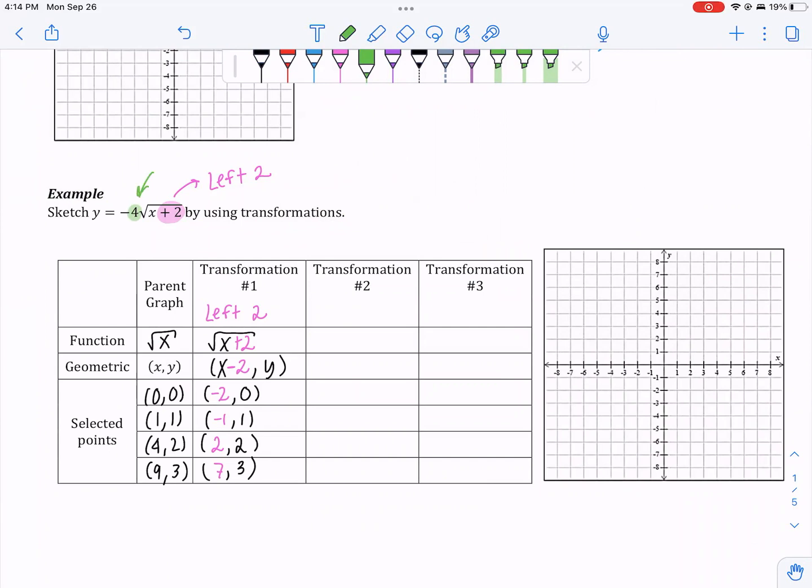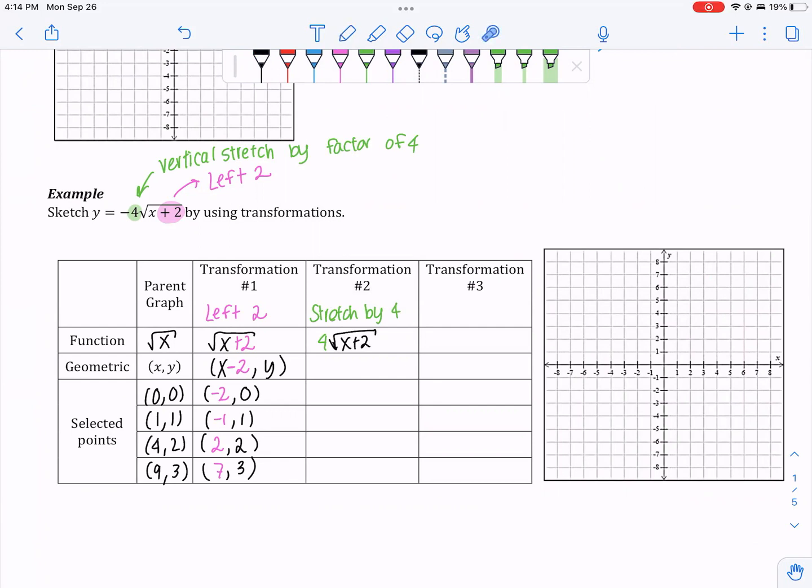This is a vertical stretch by a factor of 4. So when we shift these points around, we're going to be shifting them to this function, 4 times the square root of x plus 2. We're doing this one step at a time.